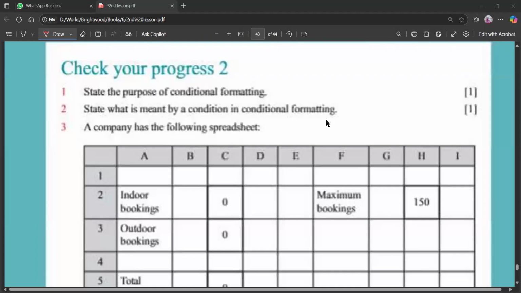It applies to cells based on specific conditions or rules. It helps visually highlight important data, identify trends, or spot exceptions. In conditional formatting, data can be sorted in ascending order, or it can be created with logical criteria.